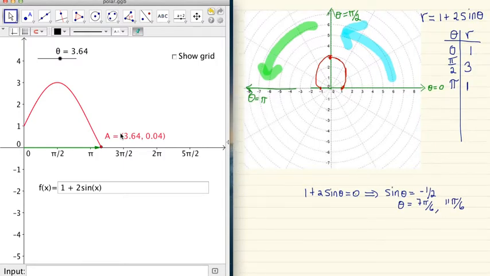So if I look at 7 pi over 6, that's this ray right here.